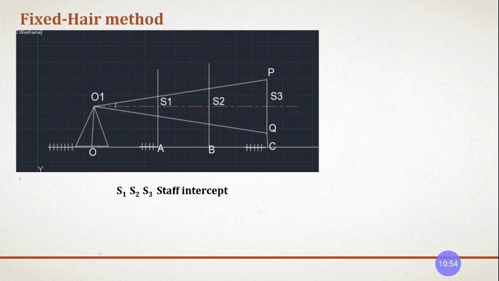Can you see in this image? When the theodolite or tacheometer is at station O, and O1 is your telescope, you keep the staff at A, right? You can see the imaginary line that is passing through the staff.